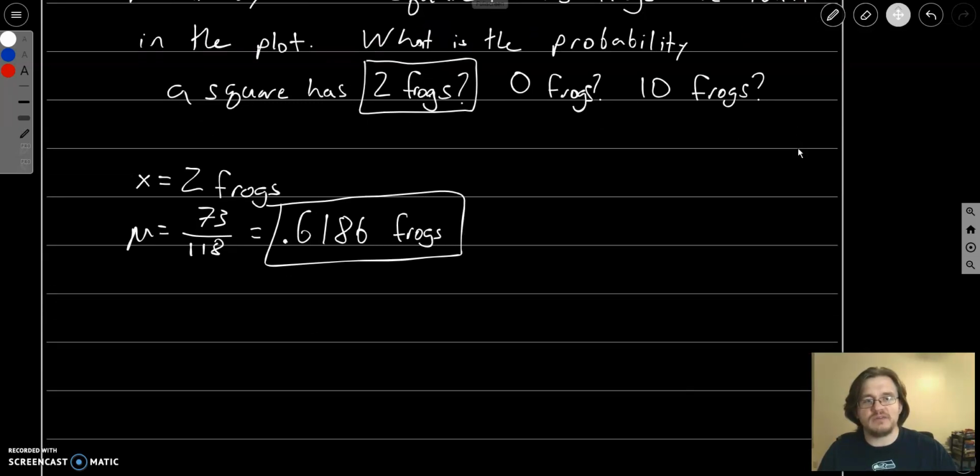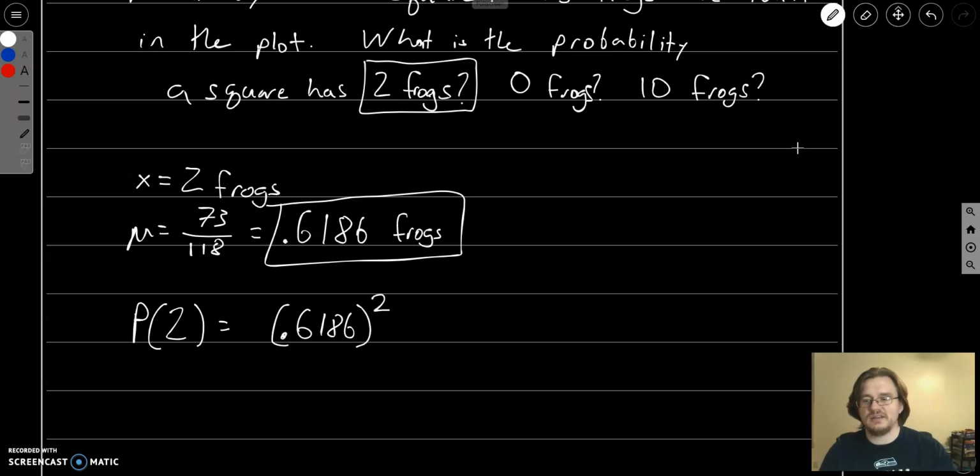So now we can plug everything into our formula. The probability that a square has exactly 2 frogs is going to be, we take the mean, which is going to be this number, 0.6186. We raise it to the x power. We're going to take this times e raised to the negative mean, which is going to be 0.6186. And we divide by x factorial.